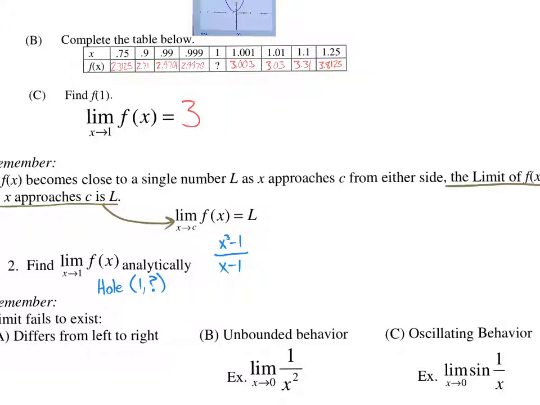We know the hole that we're trying to find is the point (1, something). If you remember back to when we looked at rational functions in pre-calculus honors, we looked at how to find what that hole was. Do you remember? That was horizontal asymptotes; we'll use that later.